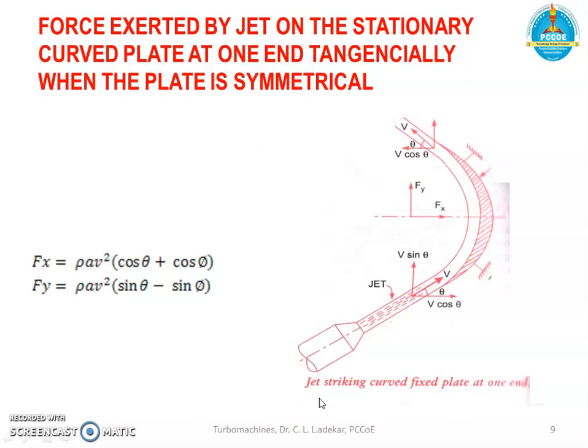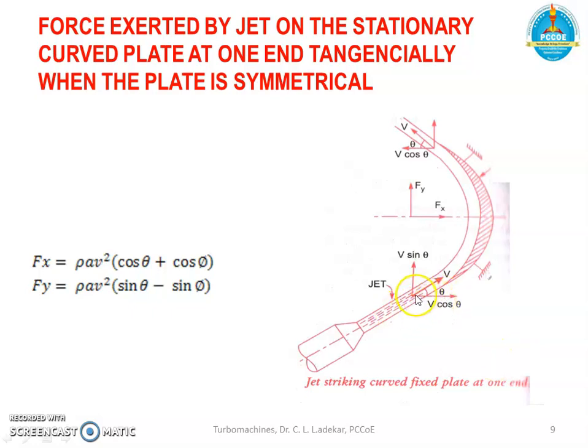Okay, now we'll see the last expression, that is the force exerted by a jet on the stationary curved plate when the jet is exerting the force tangentially at one end of the plate and the plate is symmetrical. If it is asymmetrical, then also we can calculate the expression.